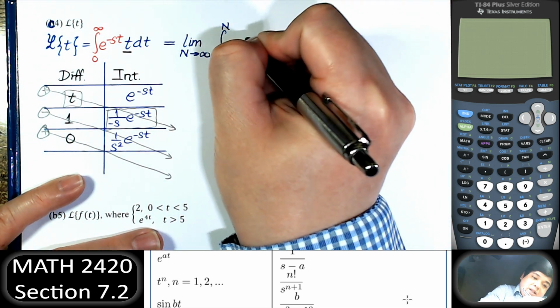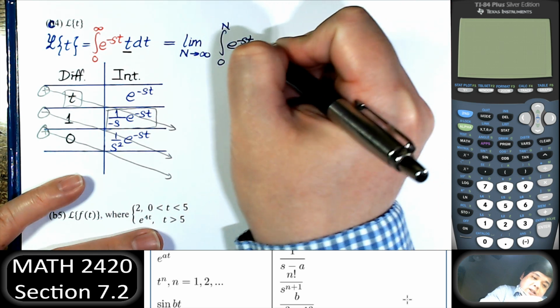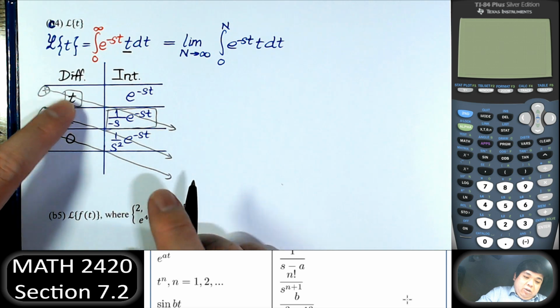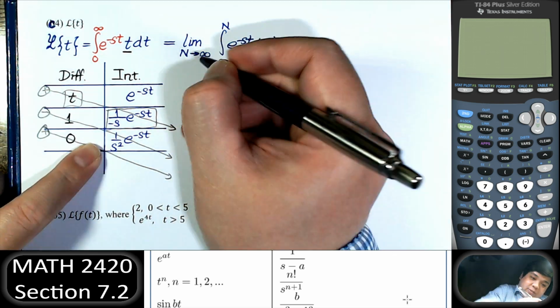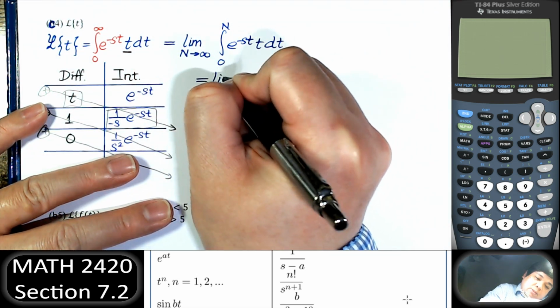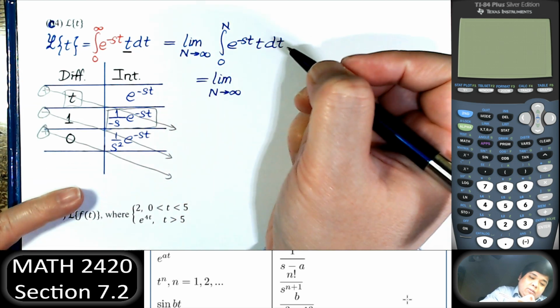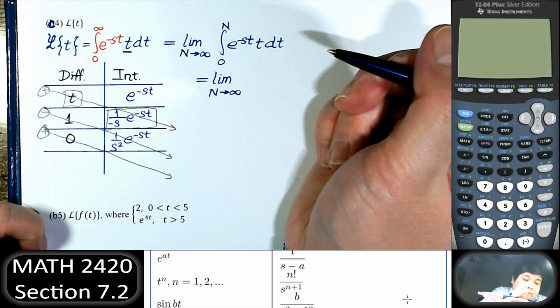e to negative st dt. Now we already integrate, and that's what we have. Right?